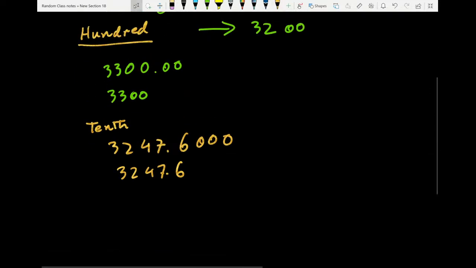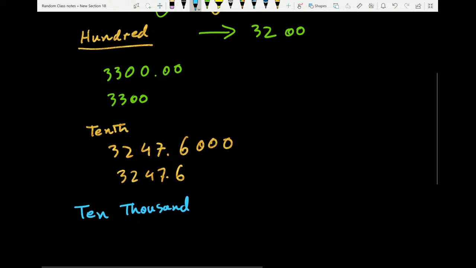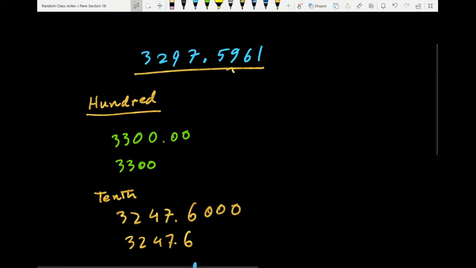Now, what if we look at the 10,000 place? So we have to go back. Where's the 10,000 place? Let's look at it.